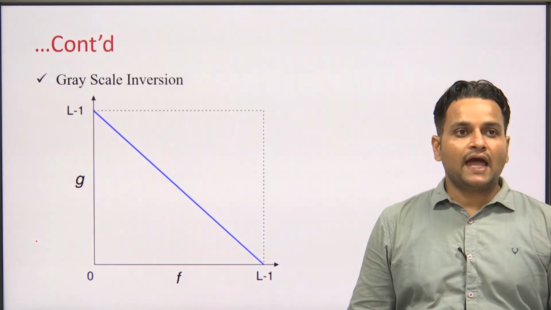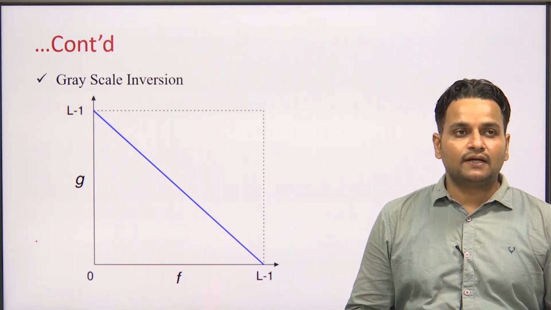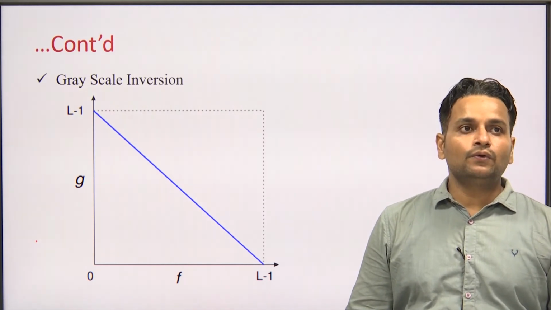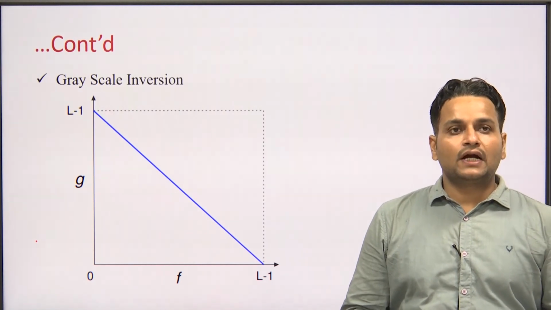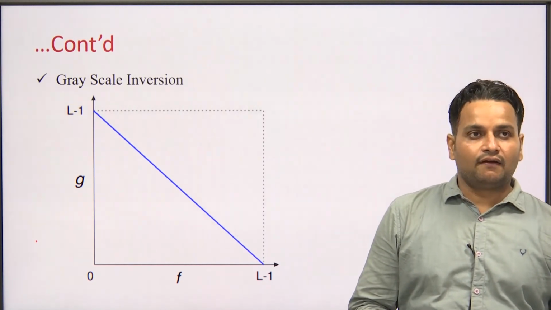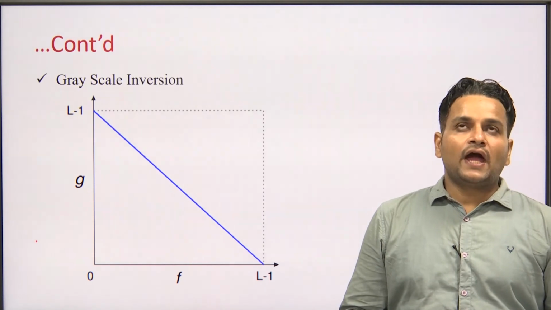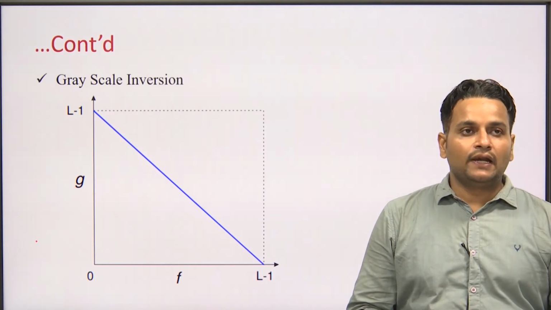Okay. So, if f is equal to L minus 1, then g will become 0. Okay. So, a complete inversion takes place here.